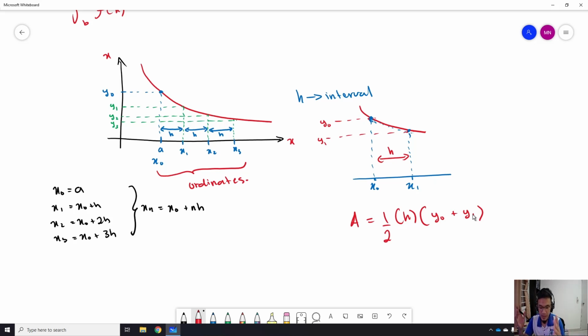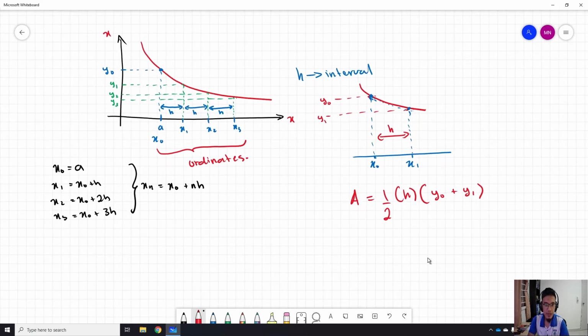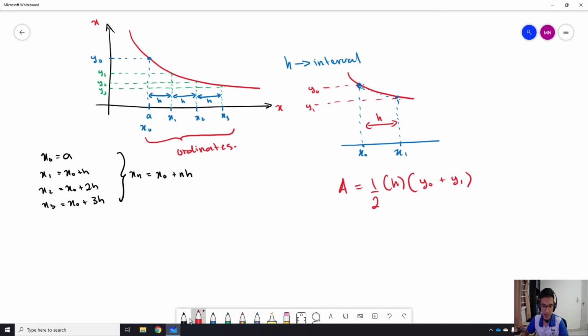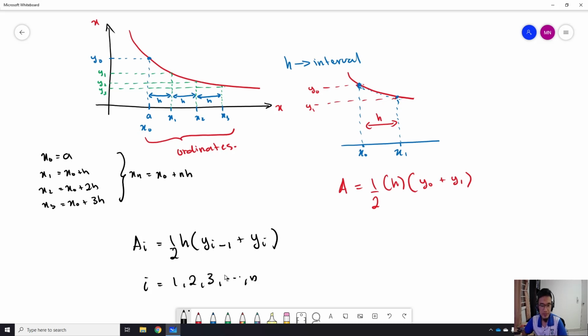In order for us to calculate the area under the graph from x0 until x3, we need to calculate the trapezium for each interval. The formula goes like this: Ai equals 1 over 2 h (yi minus 1 plus yi), where i is equal to 1, 2, 3 until n.